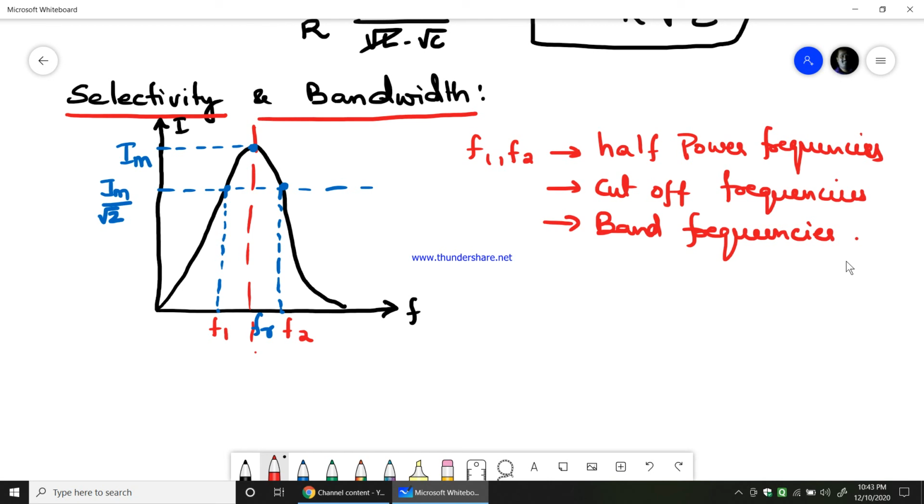Now, why are these two frequencies called half power frequencies? At the maximum peak of Im, we calculate the power Pm.